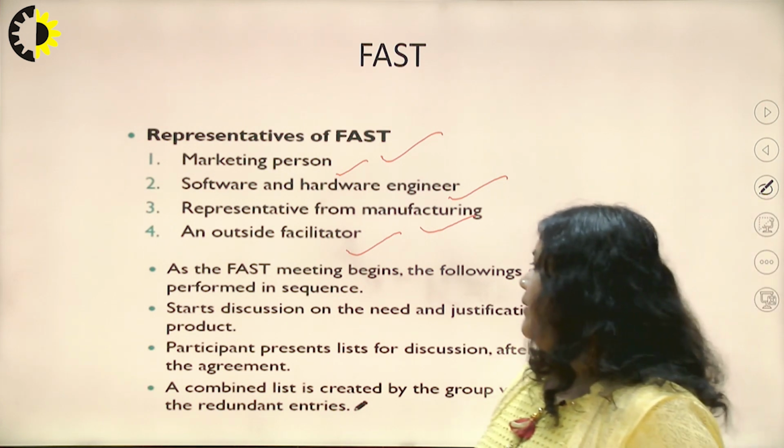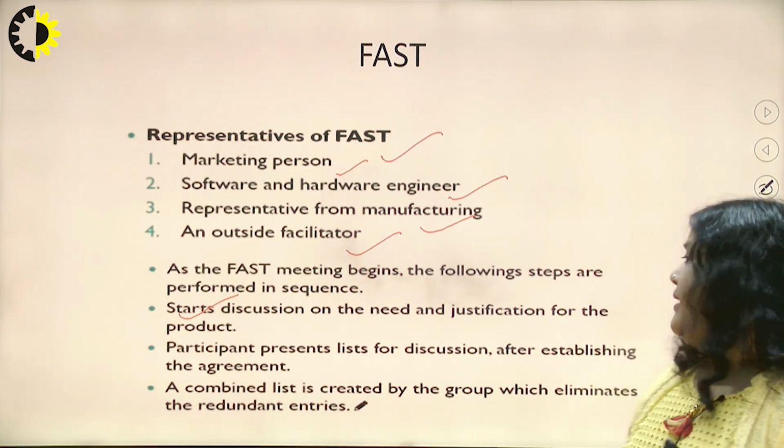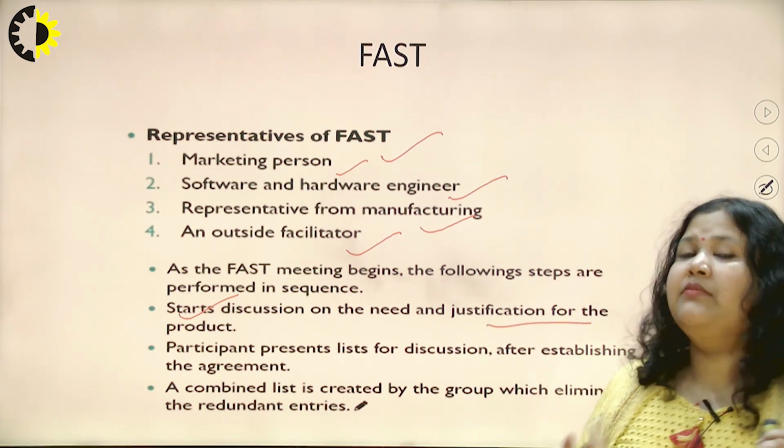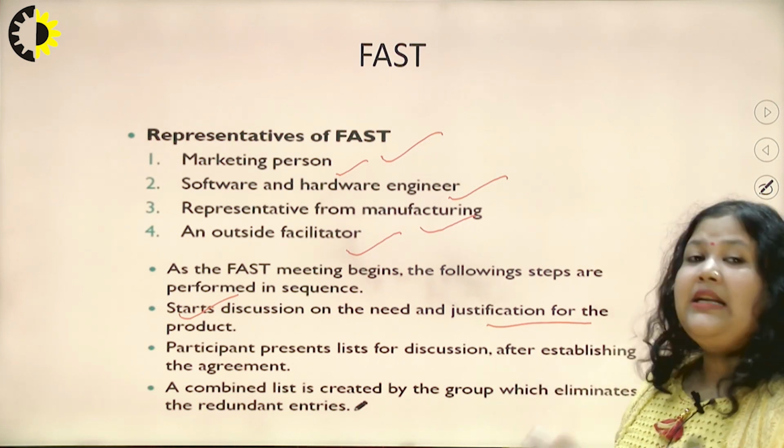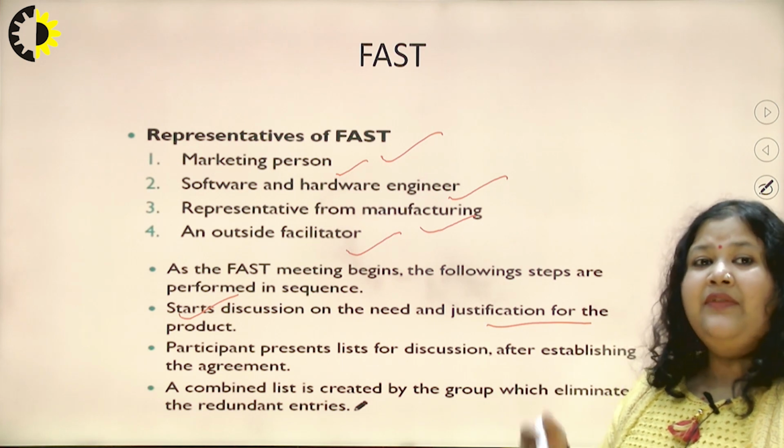So basically, at the start of the discussion, the need and the justification of that particular problem is a must. What is the need of that problem? What are the justification points that we have to discuss?